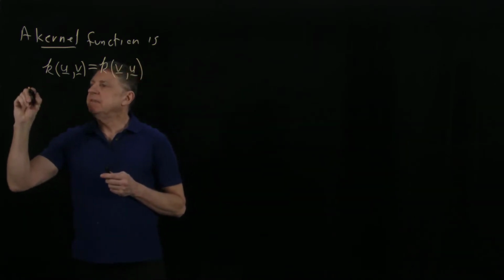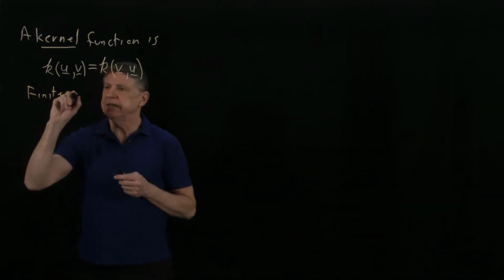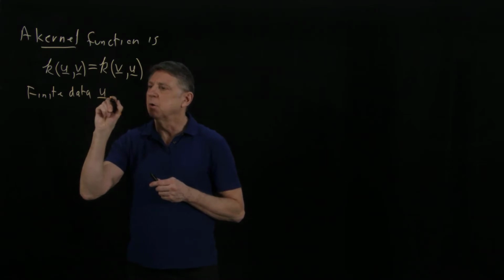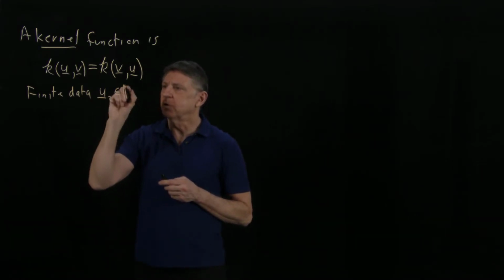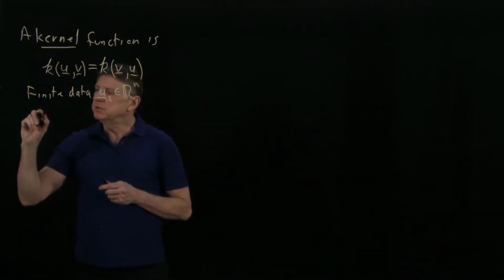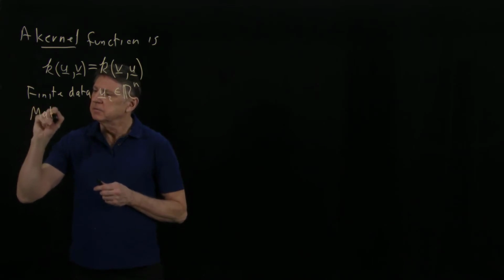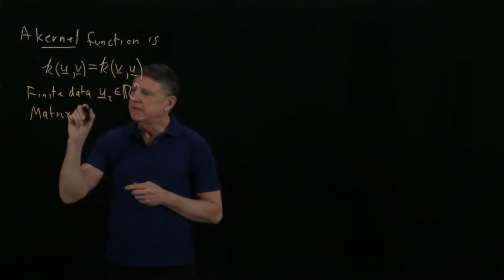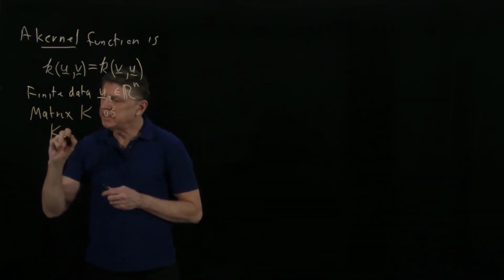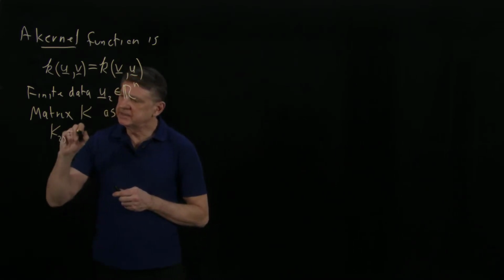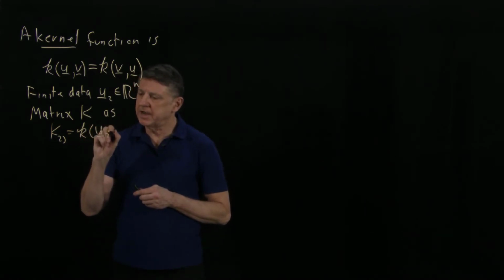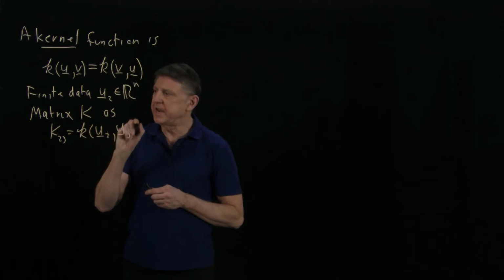And if we have finite data, let's say that row i of our data has all real numbers and there are n entries, then we compute a matrix K where the ijth entry of K is this kernel function of row i, row j.